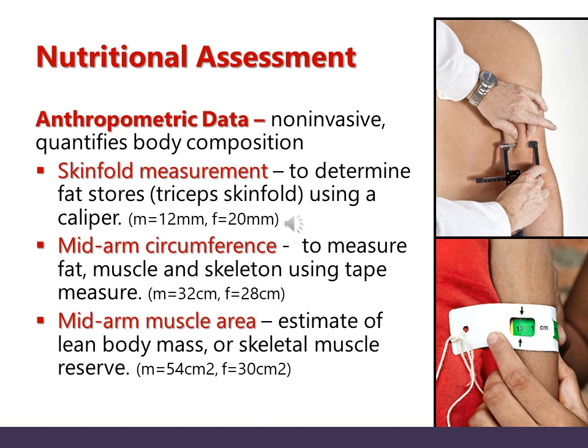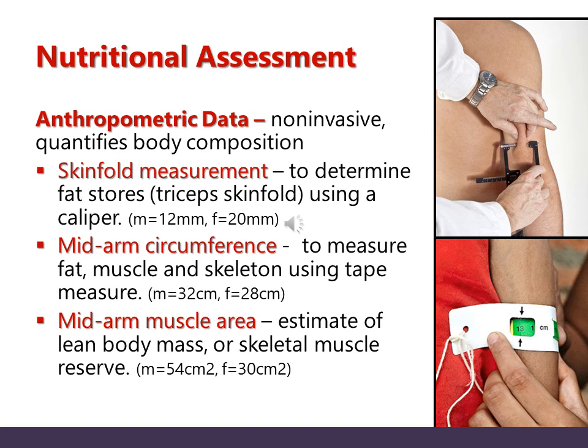your upper arm, with the use of a tape measure. You know tape measure, right? With the use of a tape measure, you measure the fat, muscle, and skeleton. Look at the photo now. The nurse is holding a tape measure and measuring the mid-arm.